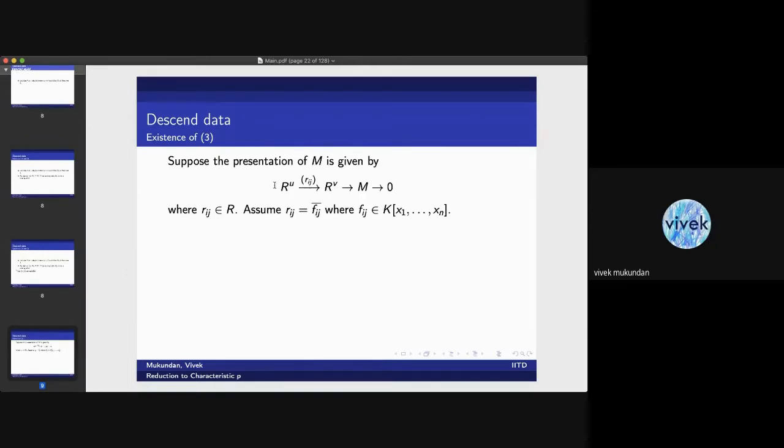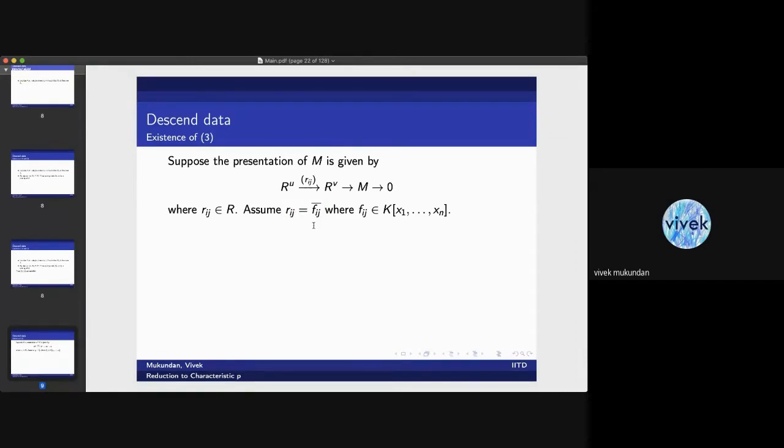M is a finitely generated R-module, so you have a nice presentation of this form. The presentation matrix is Rij, and the Rij are members of R. These are the entries of this matrix here. Therefore, R is actually the quotient of the polynomial ring K adjoin X1 up to Xn. So you can take Fij to be polynomials in X1 up to Xn and look at its image in R. That will be your Rij.